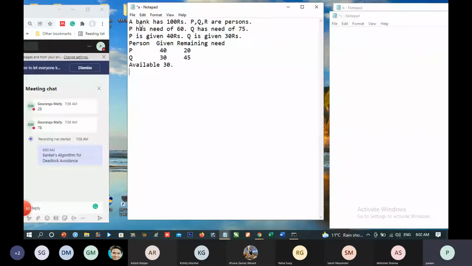Whether this situation is safe. Is it correct? It is safe. Yes. We have 30 rupees available. We can give it to P. He can complete his work.